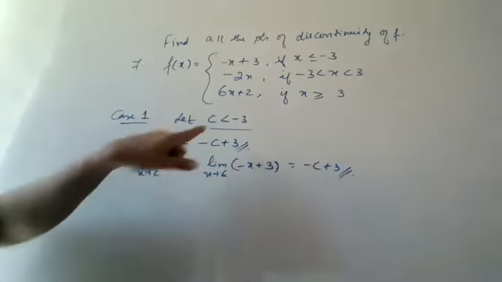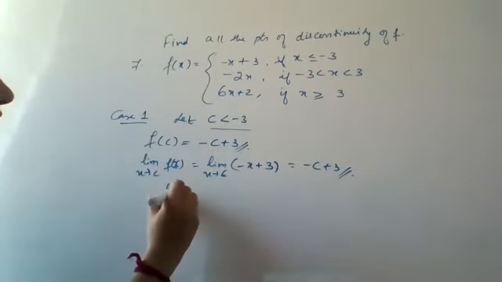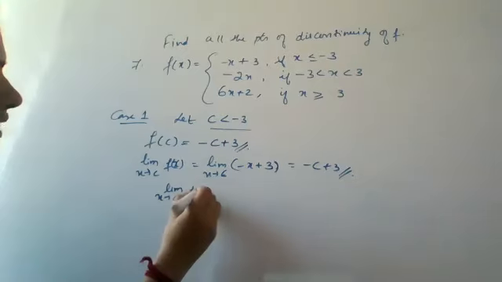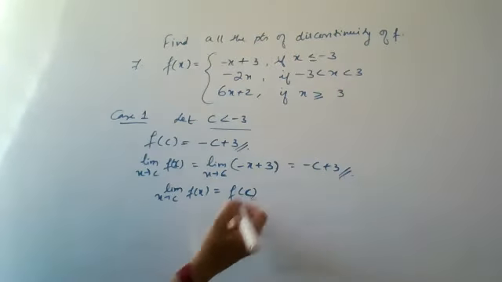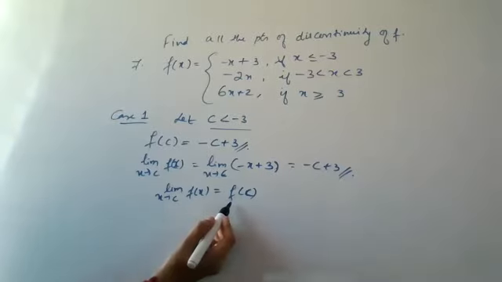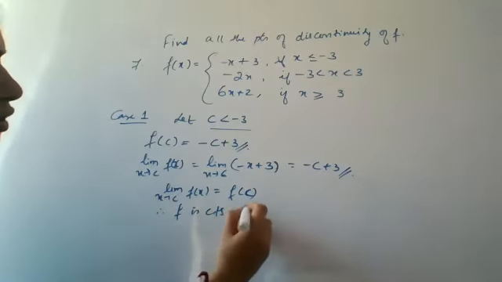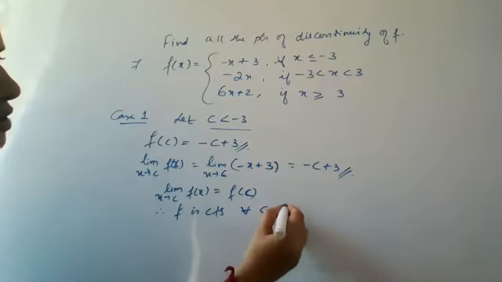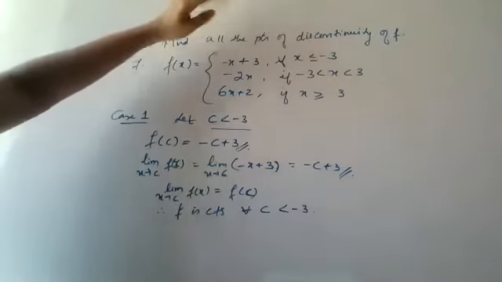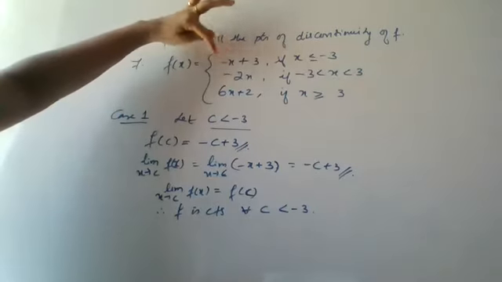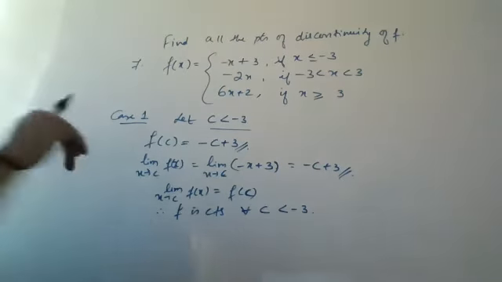So for any values which are less than minus 3, you have the function to be continuous because the limit at the point is the same as the function at the point. Therefore, f is continuous for all c, or for all values which are less than minus 3. For all such values this function is continuous because this is the only function related to that. This is clear, case 1.